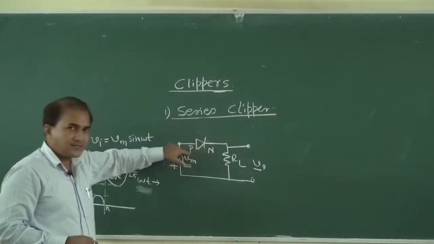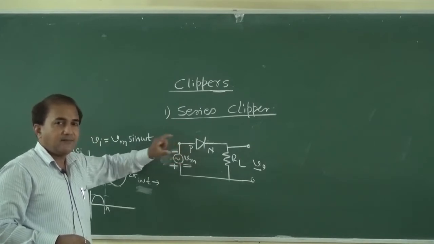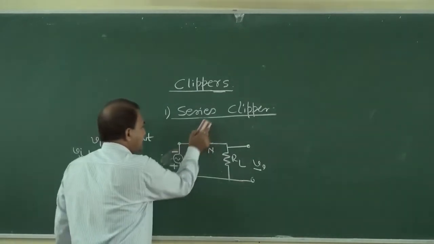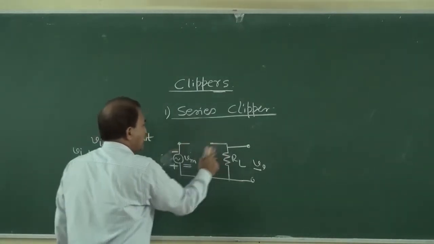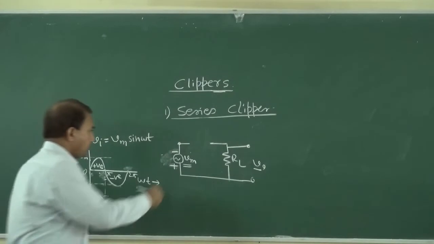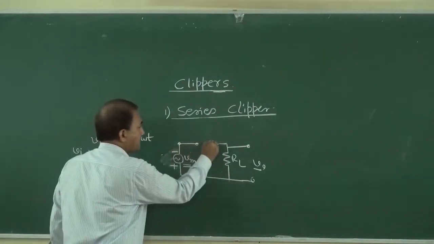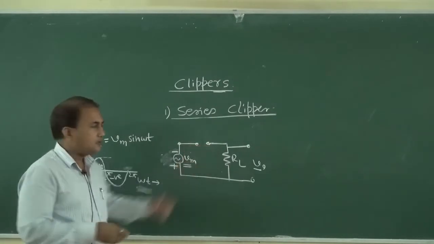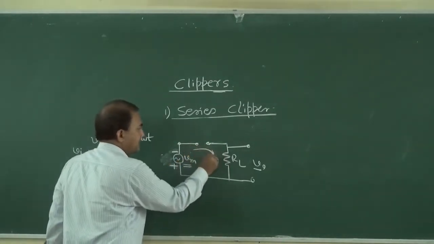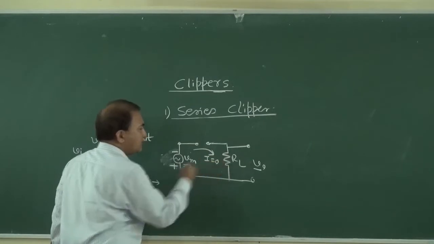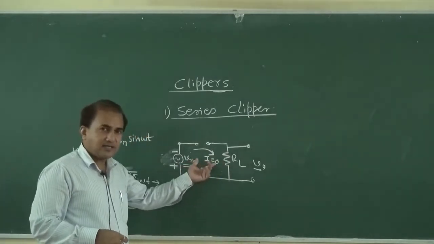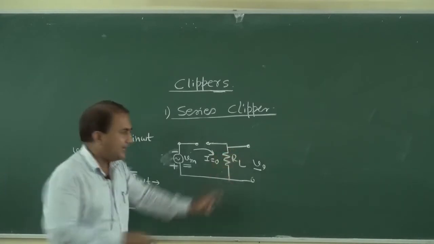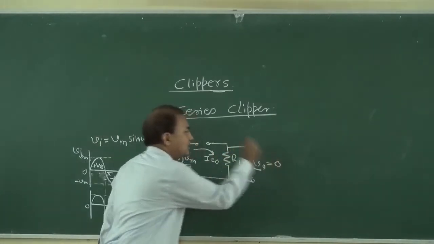A diode in reverse bias can be represented as an open switch. Here it is open, so current I will be equal to 0. If I is equal to 0, the voltage drop across this RL will be equal to 0.